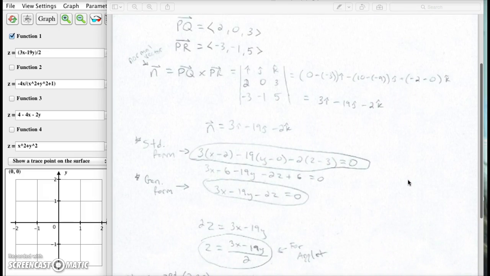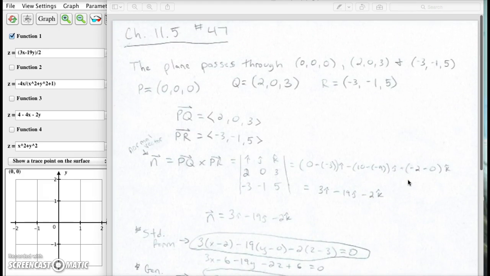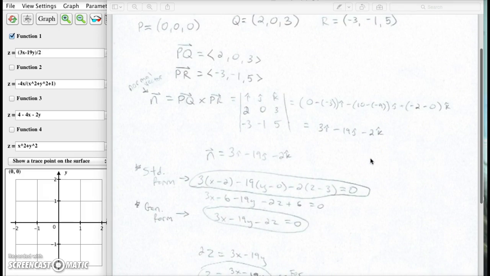And from this normal vector, you could find the standard form of your equation, for which you choose a point from the top. As you see, I chose the point (2, 0, 3), and I used that to create the equation. So you take the first portion of your normal vector, your i portion, that's 3, and then you do x minus the x value of the point that you chose.